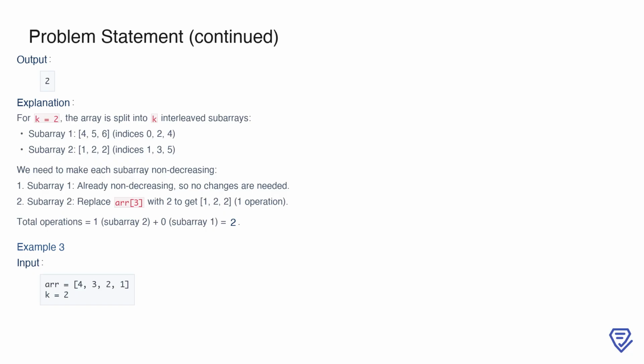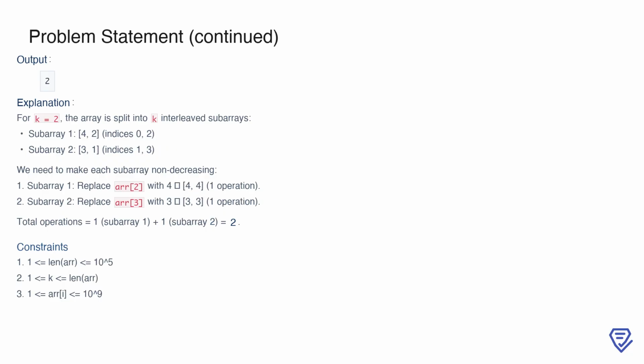For the first subarray, 4, 5, 6, no modifications are needed since it is already non-decreasing. For the second subarray, 1, 2, 2, we need to replace arr[3] with the value 2 to maintain non-decreasing order, resulting in 1, 2, 2. This requires just one operation. Adding the operations from both subarrays, the total number of modifications is 1. Therefore, the output is 2.